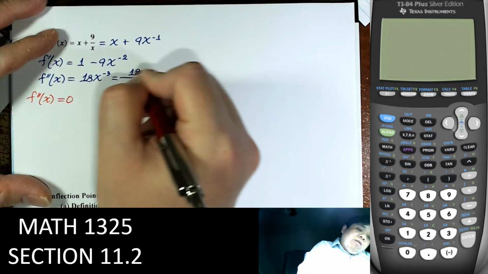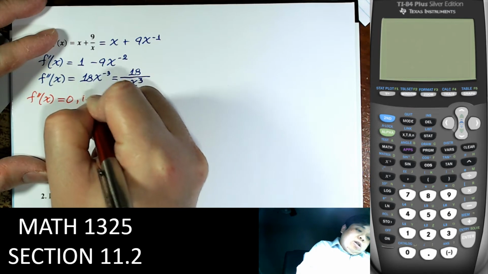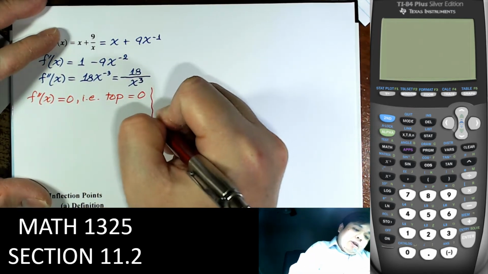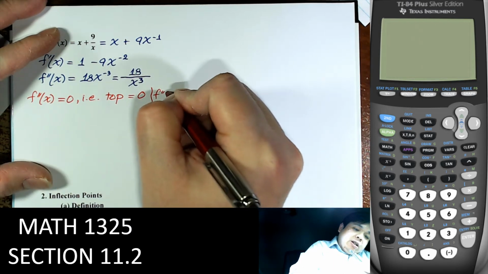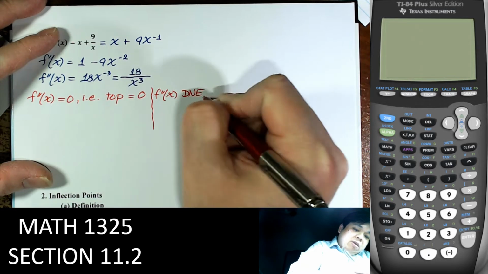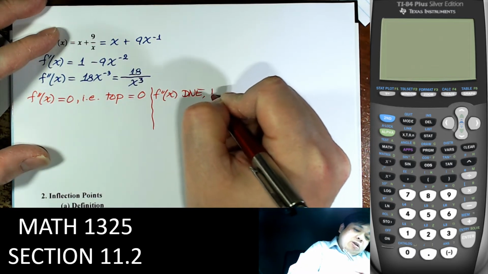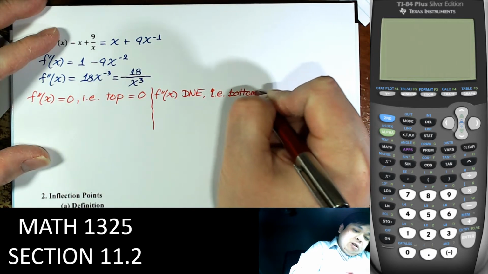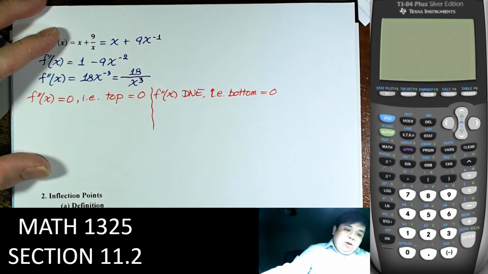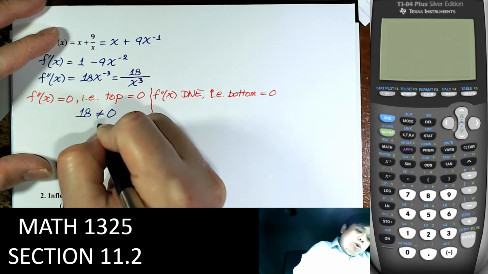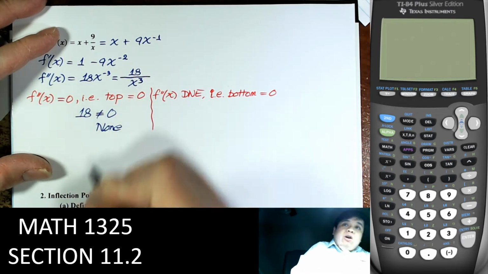Then we set it equal to 0 or does not exist. This time we do have a fraction, so equal to 0 is where the top is equal to 0, and does not exist is where the bottom is equal to 0. On the top we only have 18 and that's not equal to 0, so we do not have anything on that side.